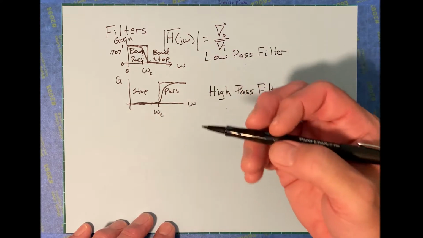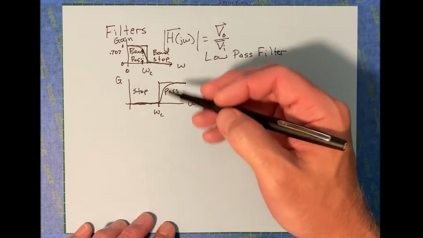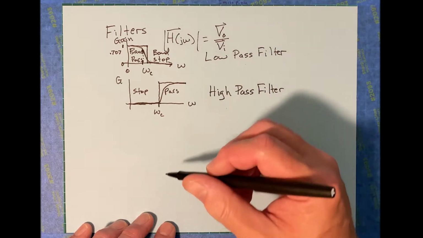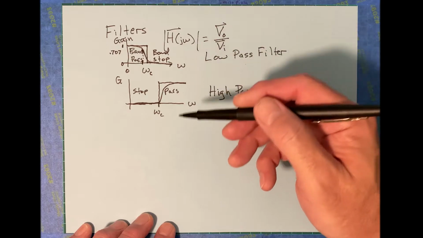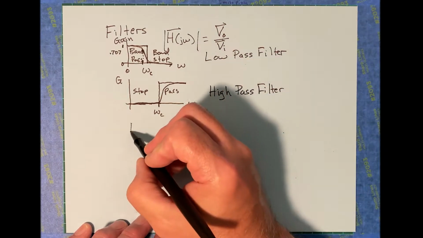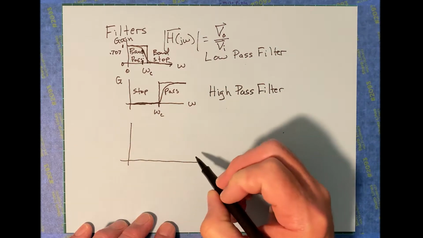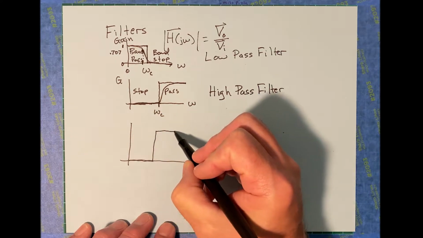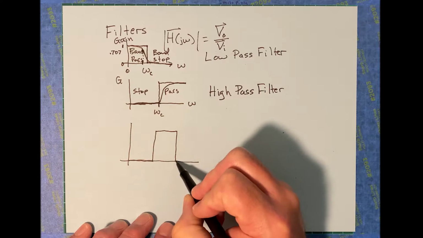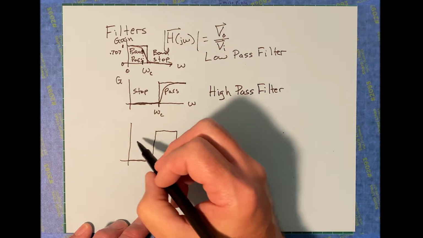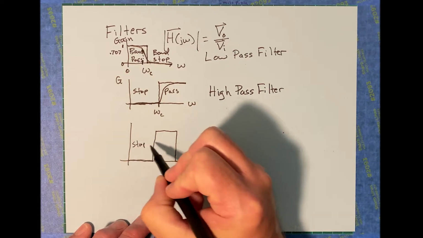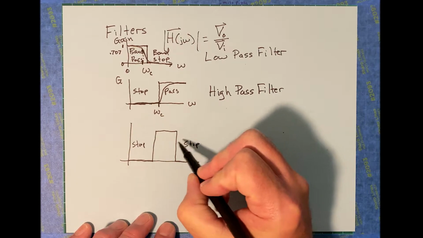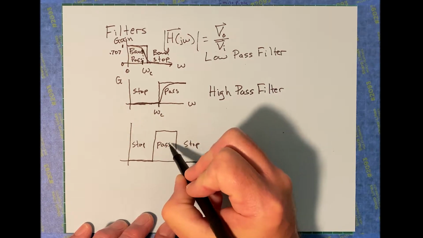You can imagine that you could work in some configurations that have effective combinations of these two, and you could have something that allows only a specific region of frequencies to pass through. And so this would be the stop region, this would be another stop region, and this would be a pass region.